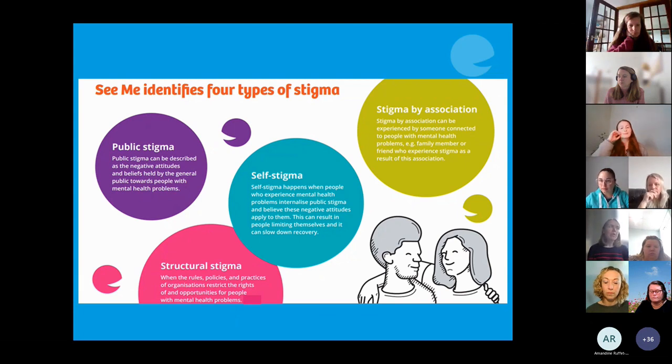So first up, we're going to focus on public stigma, and this is probably a stigma that most people will be aware of. Public stigma can be described as the negative attitudes or beliefs held by the general public towards people with mental health problems.